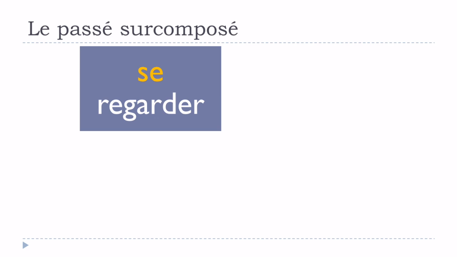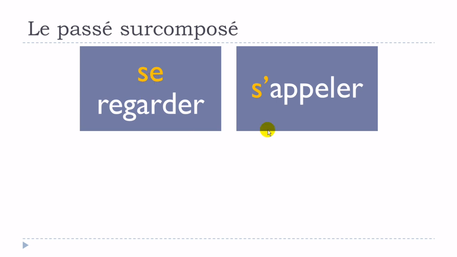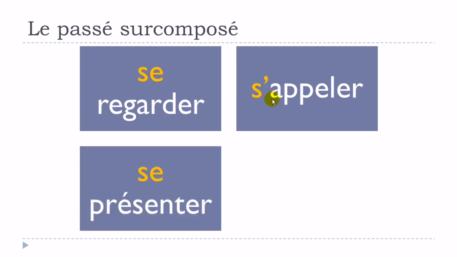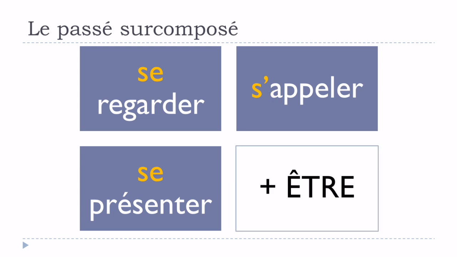Remember also the verbs that we call les verbes pronominaux, the verbs that will be constructed with this se in front of them, se regarder, or then it could be s' apostrophe if you had a vowel, s'appeler, se présenter. So all these verbs, les verbes pronominaux, will also require être for this passé surcomposé form.